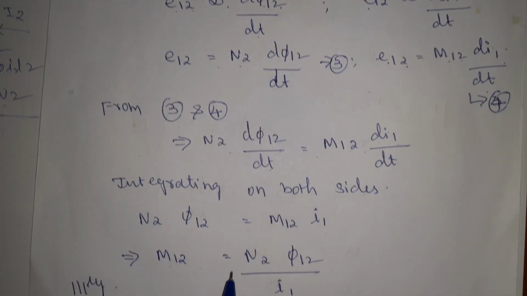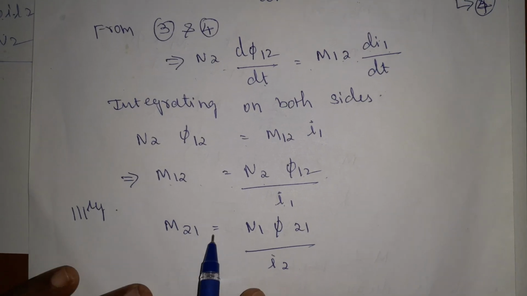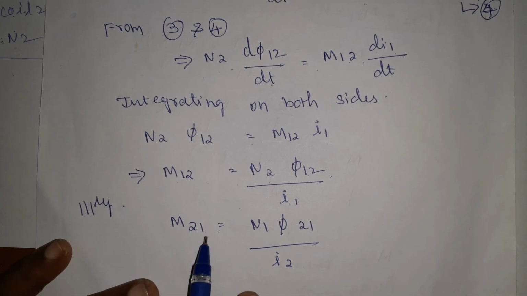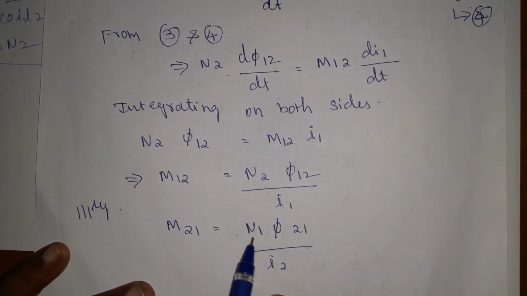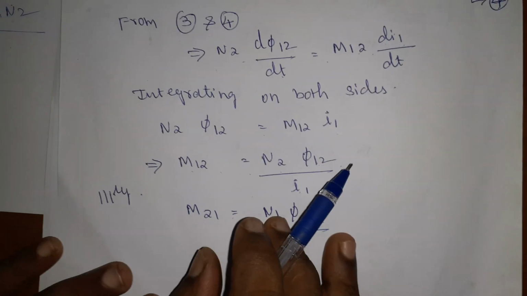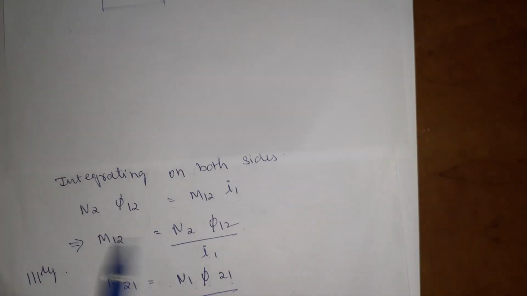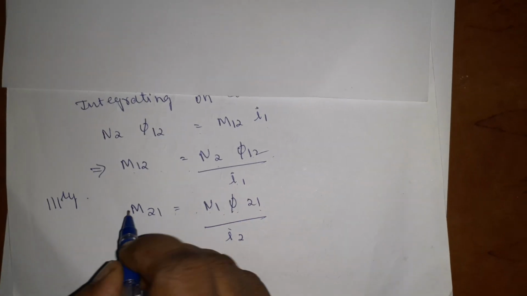So M12 is equal to N2 phi 12 divided by I1, and similarly M21 is equal to N1 phi 21 divided by I2. You consider the same circuit for the next case.